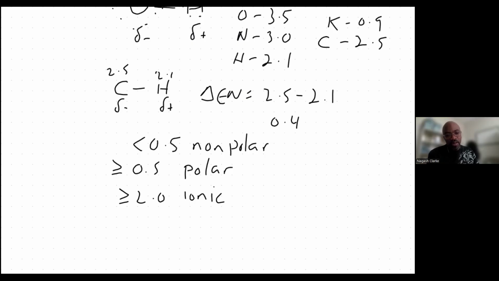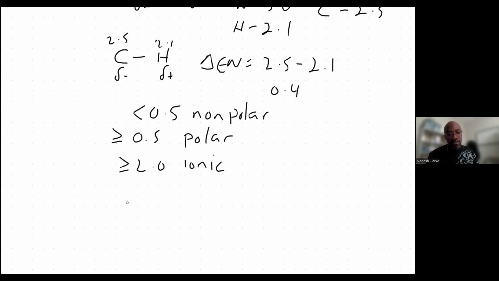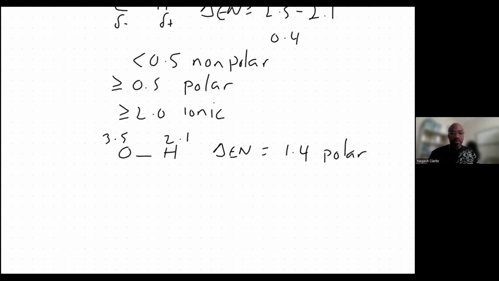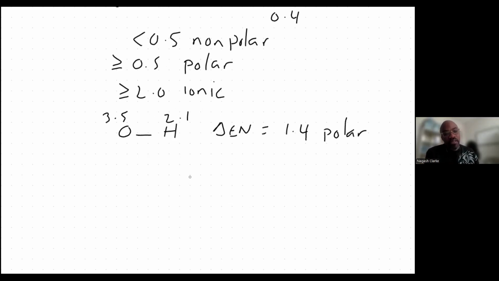If we look at the OH bond, oxygen is 3.5, hydrogen is 2.1, so our delta EN is 1.4. That is a very polar bond. We talk about how to judge polarity of an overall molecule in a different video. So for now, let's talk about Lewis structures.